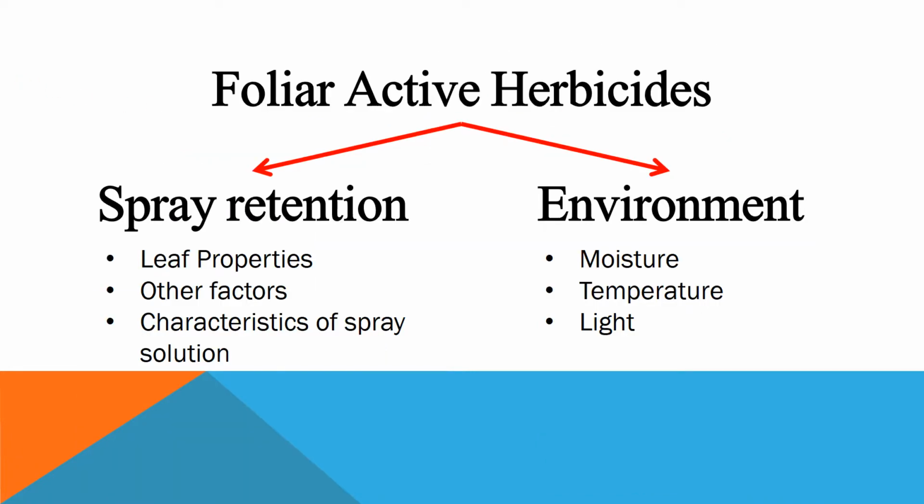If herbicides do not drift or volatilize, the next factor that affects performance is spray retention, which depends on leaf properties, characteristics of the spray solution, and also the environment, such as moisture, temperature, and light.